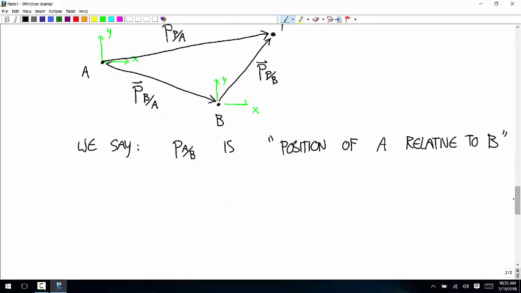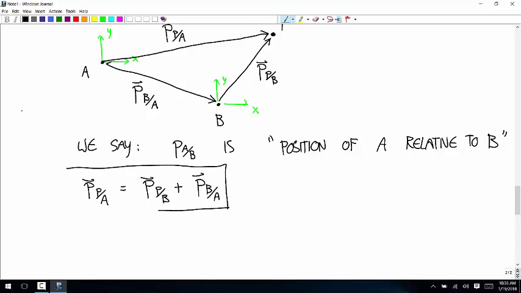And then what we get from that figure is that the position of P relative to A is equal to the position of P relative to B plus the position of B relative to A. So that's the first relative motion equation.